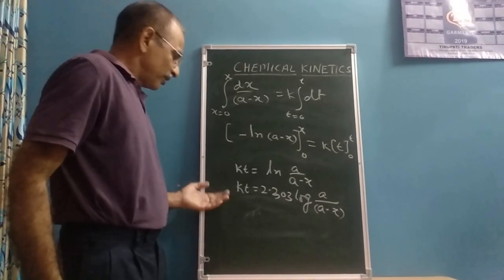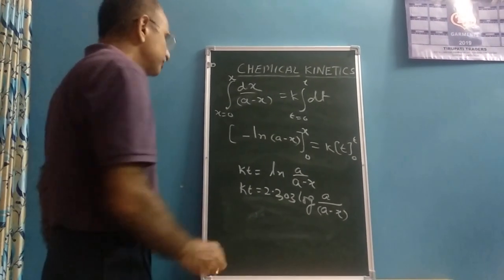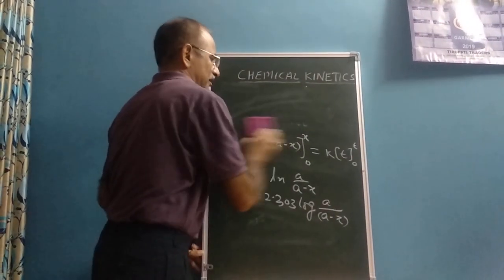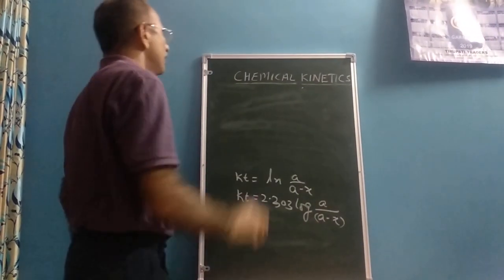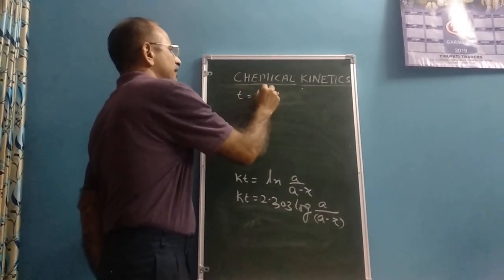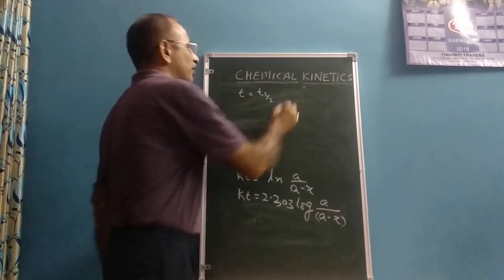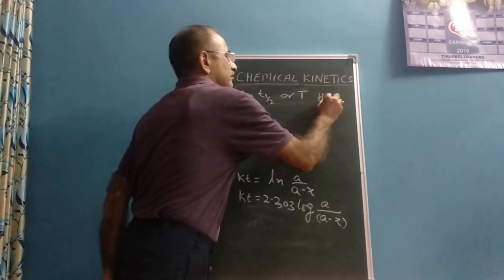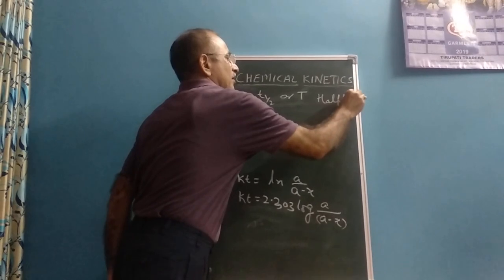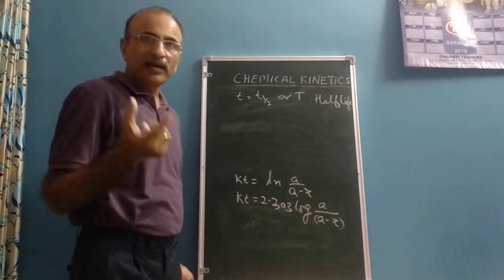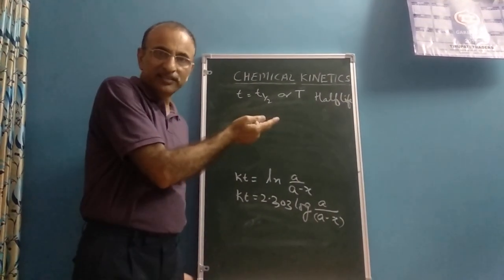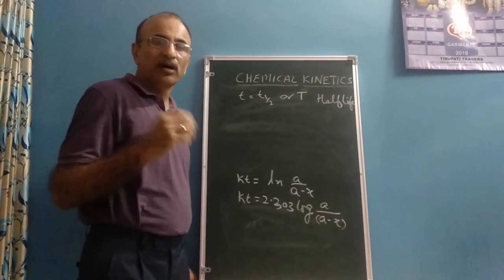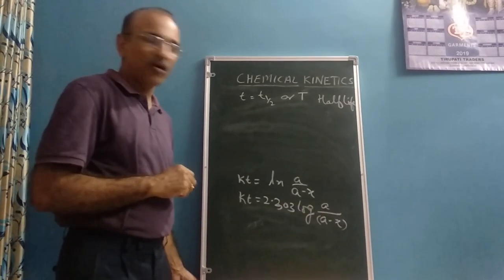Now we are going to calculate the half-life period from this rate law equation. Half-life can be written as t half, or as capital T. Half-life of any reaction is the time period in which half of the reactant is consumed or half of the product is formed.